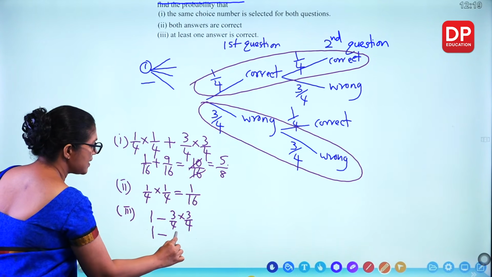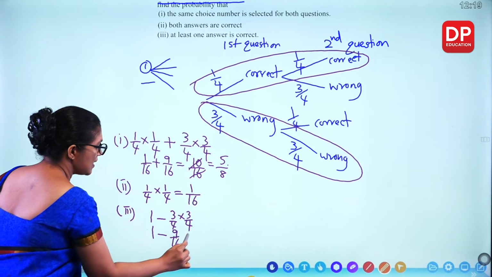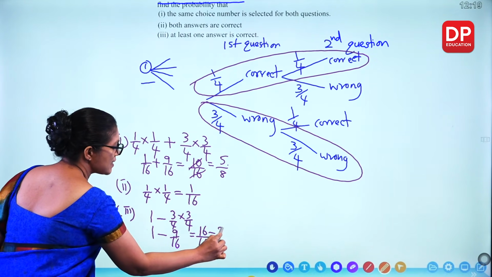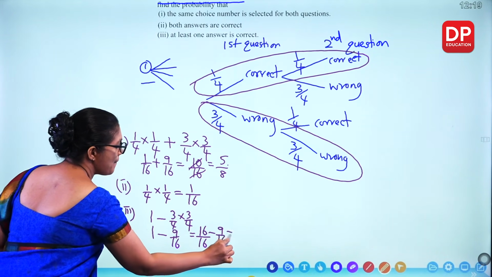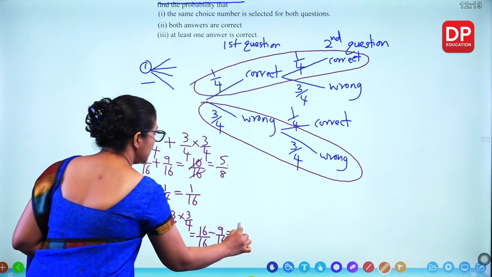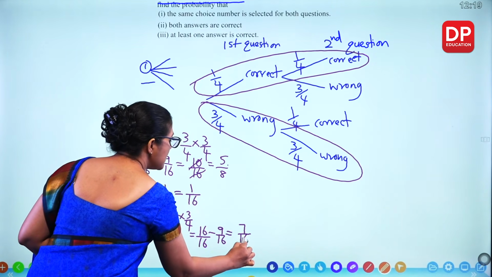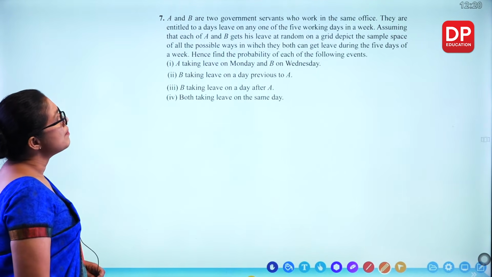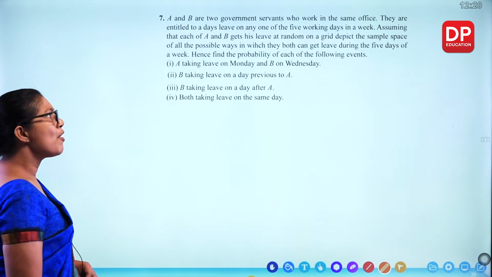So 1 minus 9 over 16. I can write 16 over 16 minus 9 over 16, which becomes 7/16.